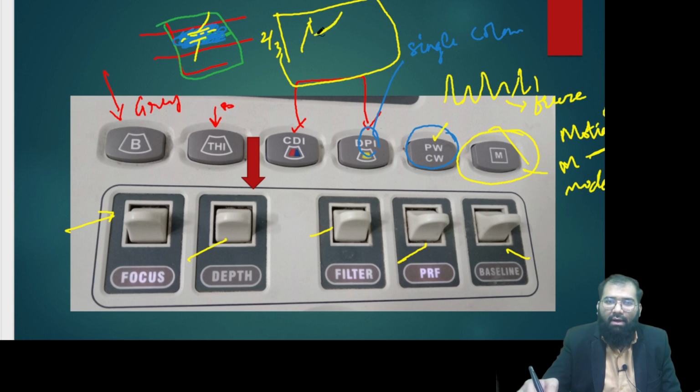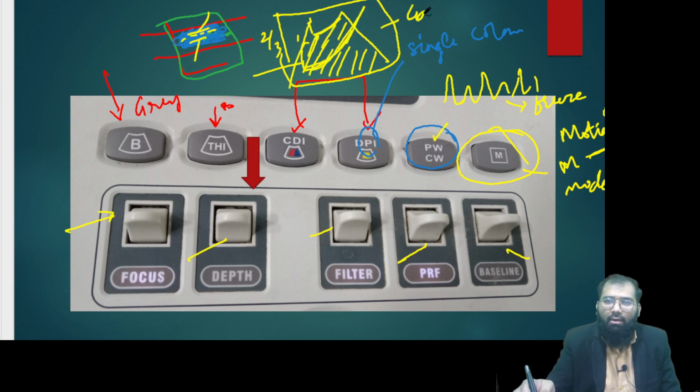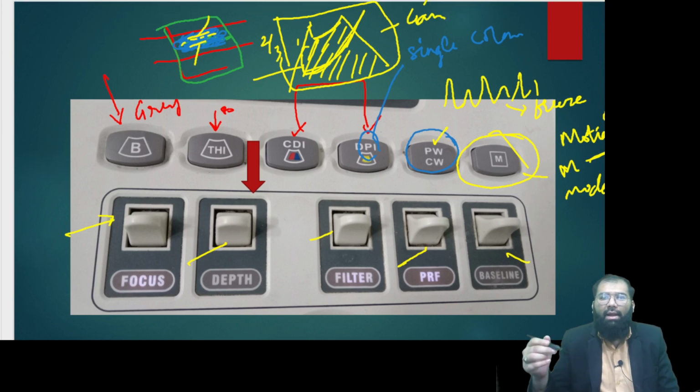Suppose you want to see the liver and you are seeing only this much liver, and the rest of your screen is all artifacts, then that is not optimum. You have to adjust the depth properly. You have to decrease the depth and zoom the image, and adjust the proper gain, so that you can make the maximum out of it.